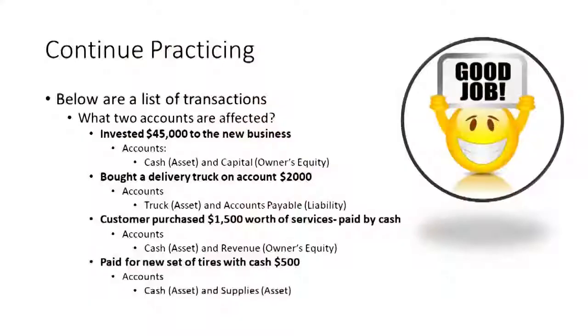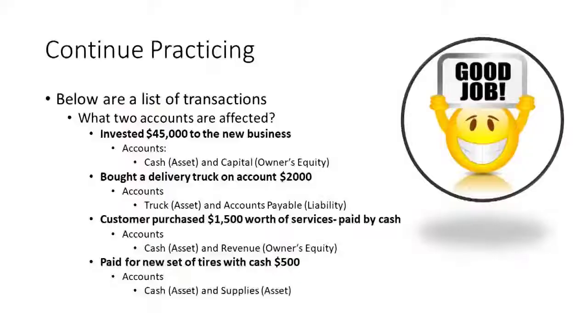All right, next one. Customer purchased $1,500 worth of services and paid cash. What two accounts are affected? Under owner's equity, it's called revenue. When you sell services and they pay cash or accounts receivable, it is called revenue, or another word for it could be income.